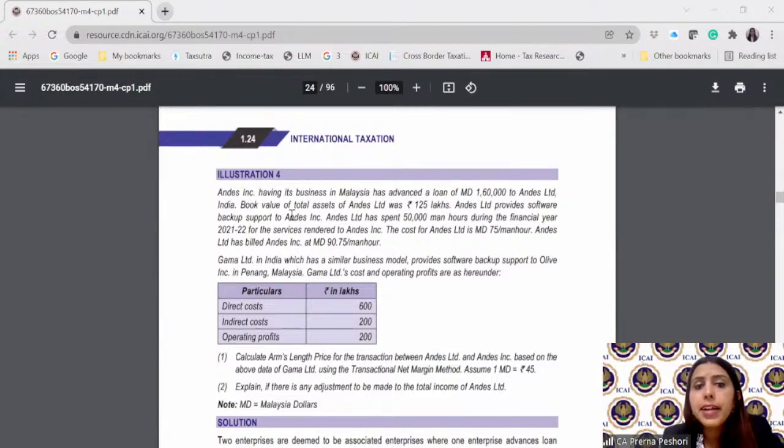Endis Limited has billed Endis INC at MD 90.75 per man hour. Gamma Limited in India, which has a similar business model, provides software backup support to Olive INC in Penang, Malaysia. Gamma Limited's cost and operating profits are hereunder: direct cost, indirect cost, operating profit. Calculate the arm's length price. Assume 1 MD is equal to rupees 45. So, tell me the answer. You have to calculate using TNMM.